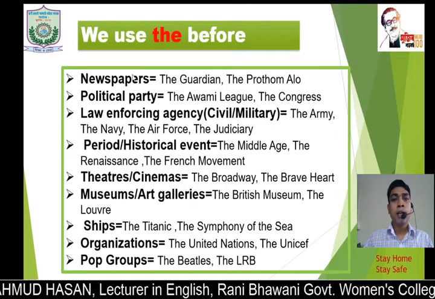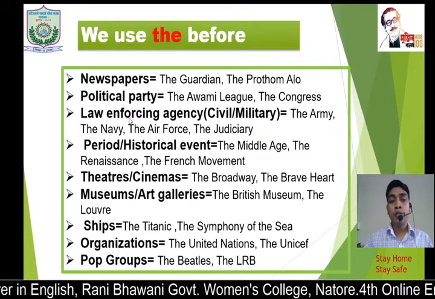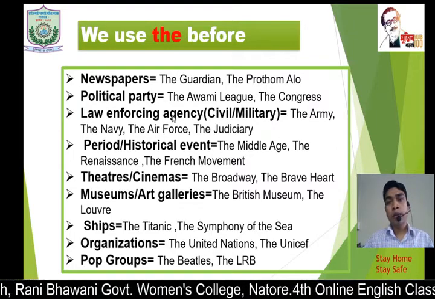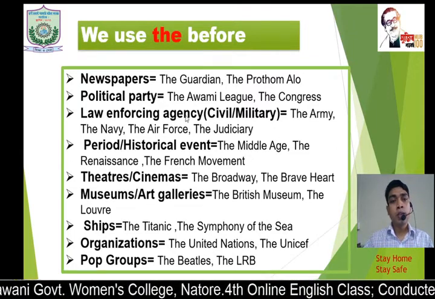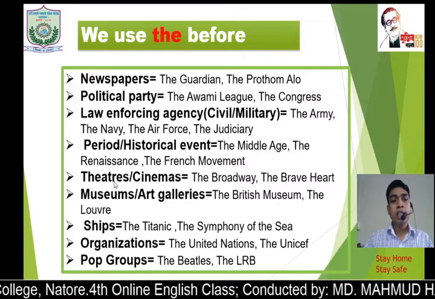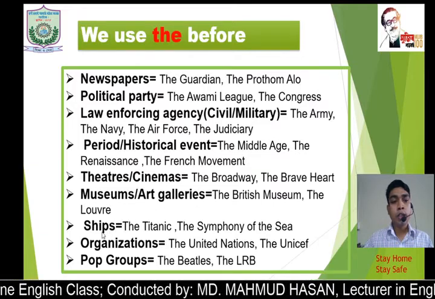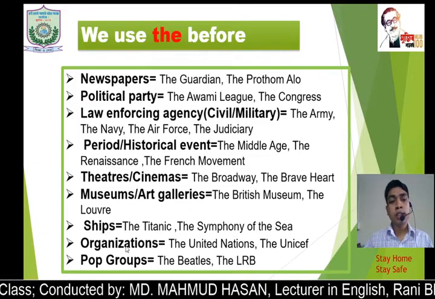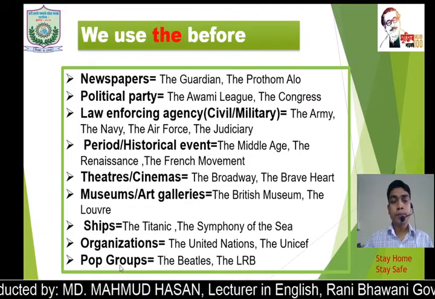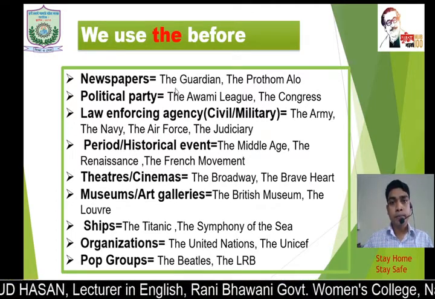We use the before newspapers, political parties, law enforcing agencies, civil or military, period or historical events, theaters or cinemas, museums, art galleries, ships, organizations, pop groups. Newspaper: the Guardian.